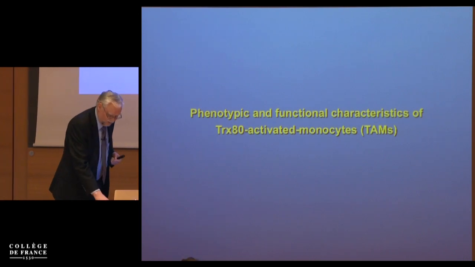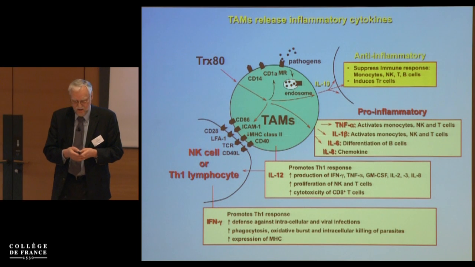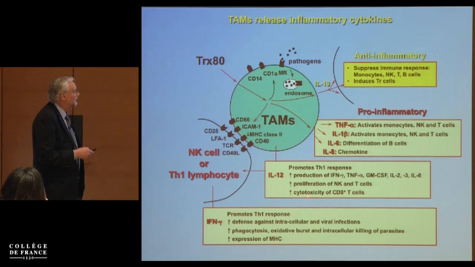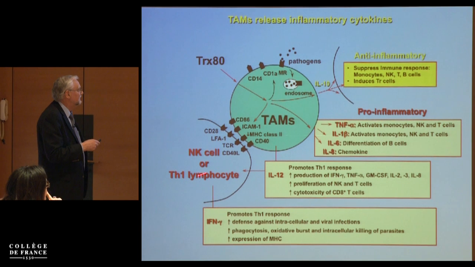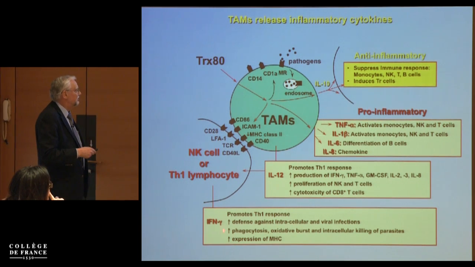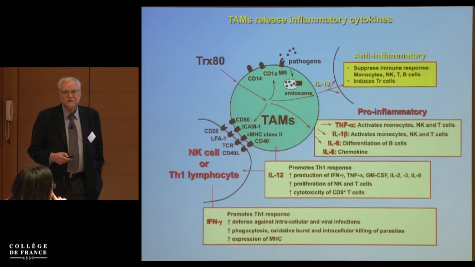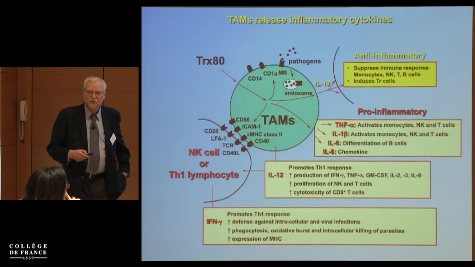And a long story short, in a very complicated slide, too complicated, in the immune system, the TAMs produce IL-12, and IL-12 in an area where you have NK cells or lymphocytes will produce interferon gamma, and this in the immune system is a Th1 response. It's an inflammatory response.